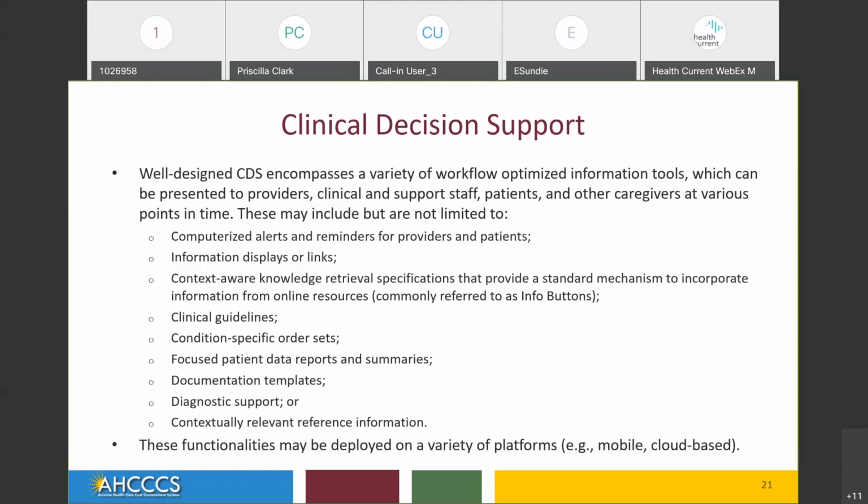It can also include documentation templates, diagnostic support, or contextually relevant reference information. These functionalities may be deployed on a variety of platforms. It can be mobile or it can be cloud-based, or there could be other options.